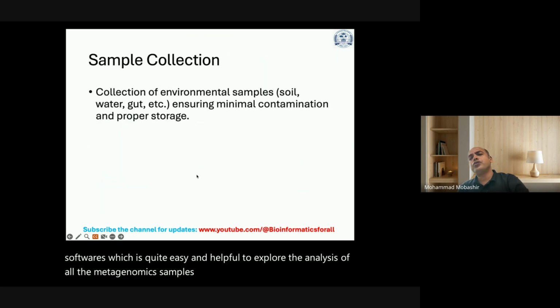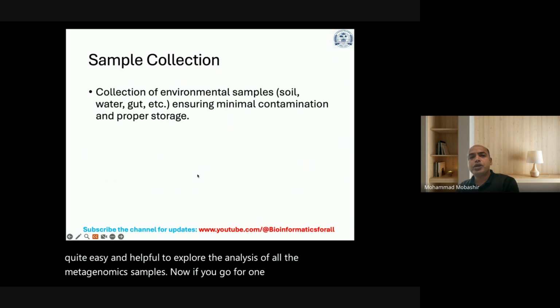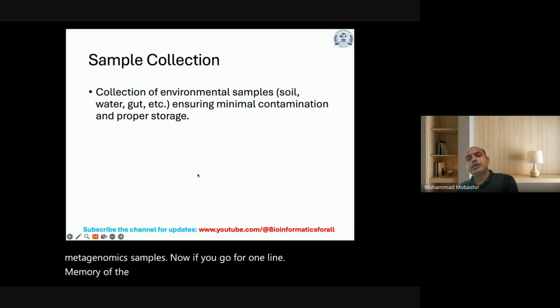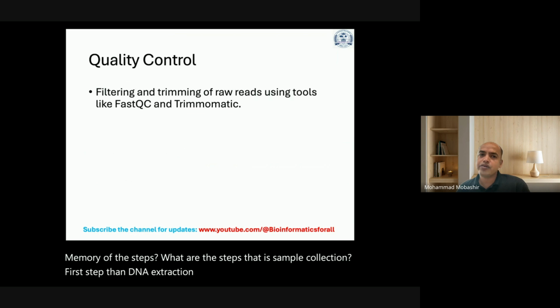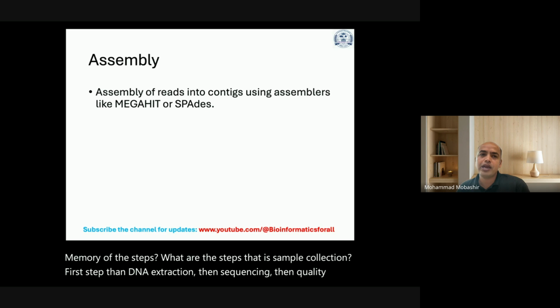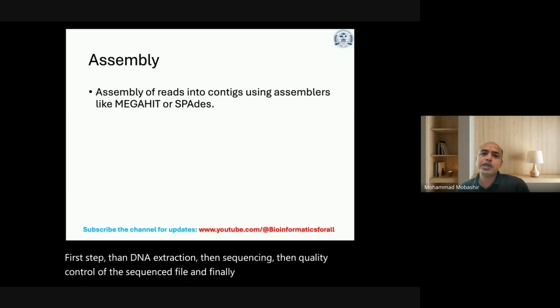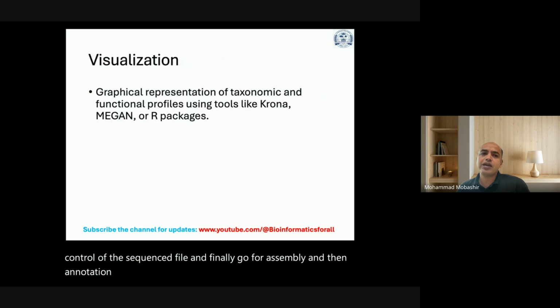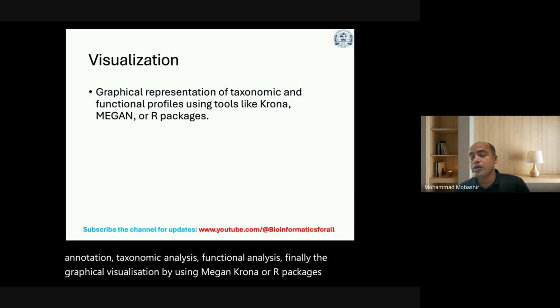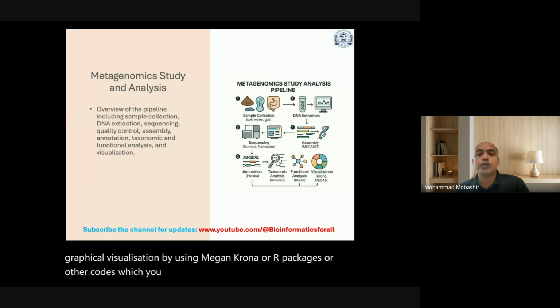Now, if you go for a one-line memory of the steps: sample collection first, then DNA extraction, then sequencing, then quality control of the sequenced files, and finally assembly, and then annotation, taxonomic analysis, functional analysis, finally the graphical visualization using Megan, Krona, or R packages or other code which you could write in your own language.